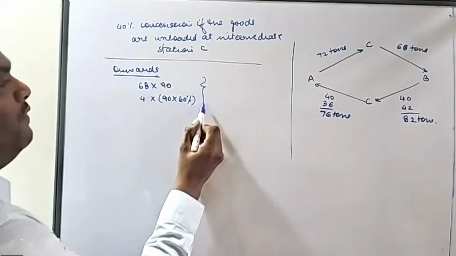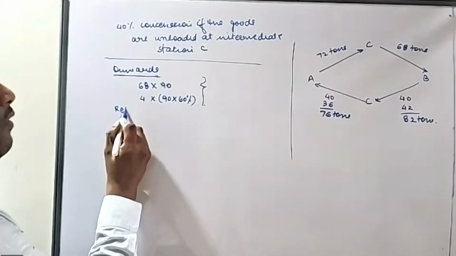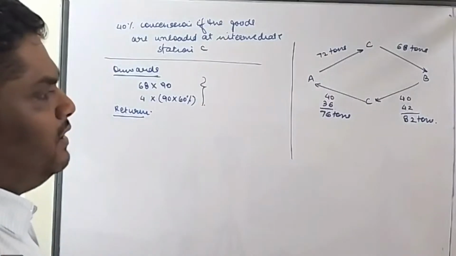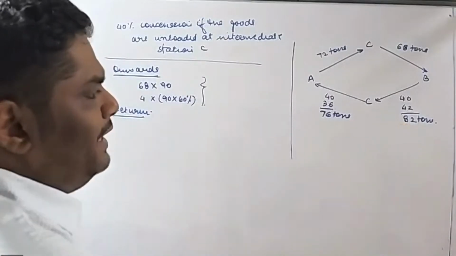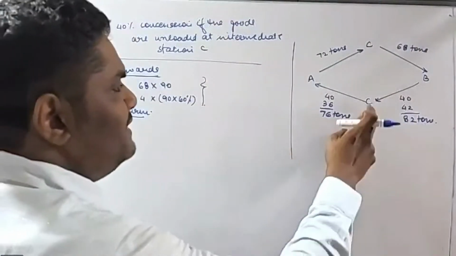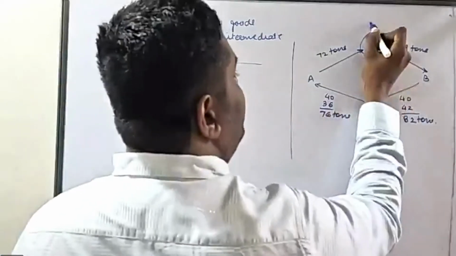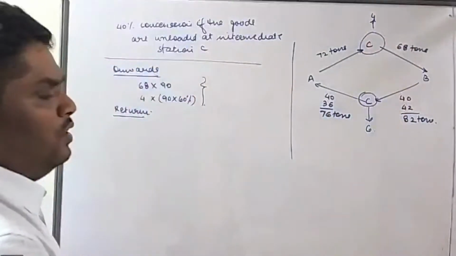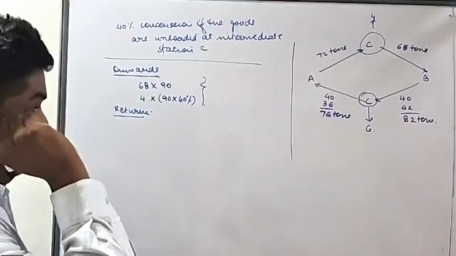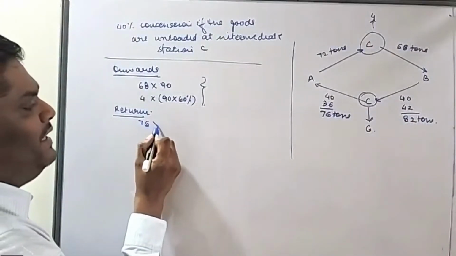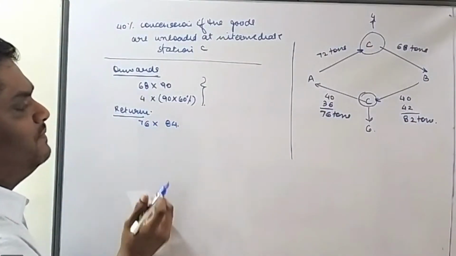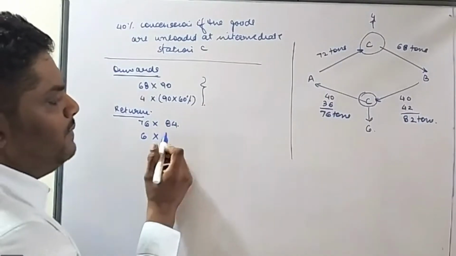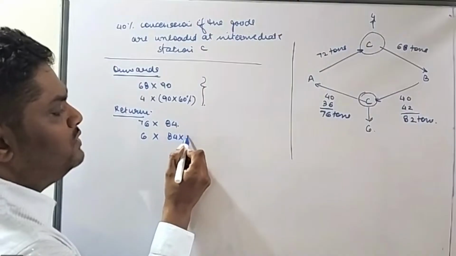So this was for the onward journey. And similarly for the return journey also, see total 82 tons were there, of which 6 tons were, see here 4 tons were unloaded and here 6 tons were unloaded. So out of 82, for 76 tons they will be charging 84 rupees and for the 6 tons they will be charging 84 into 60%.